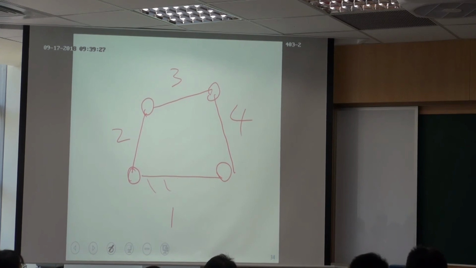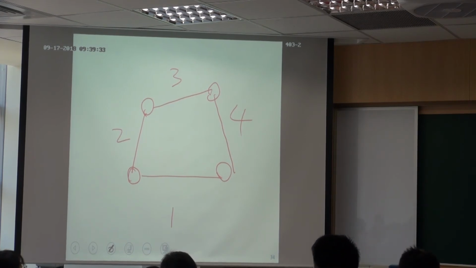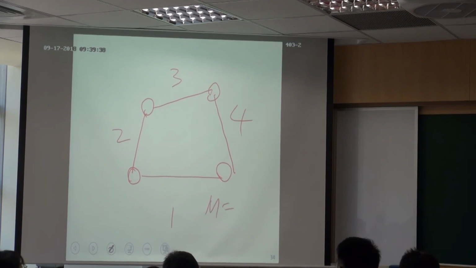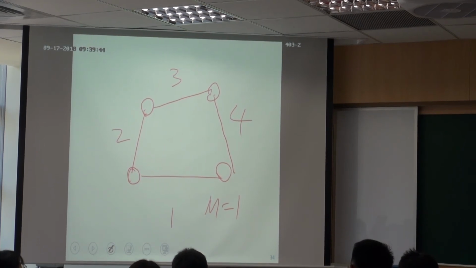If I consider this 4-bar mechanism, then we know the mobility equals 1. We calculated it so many times. So we know mobility equals 1 for this mechanism.